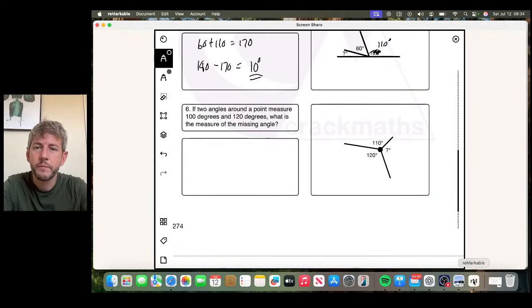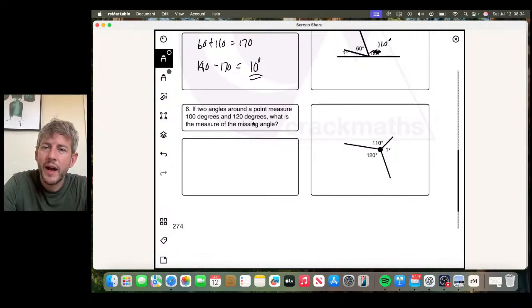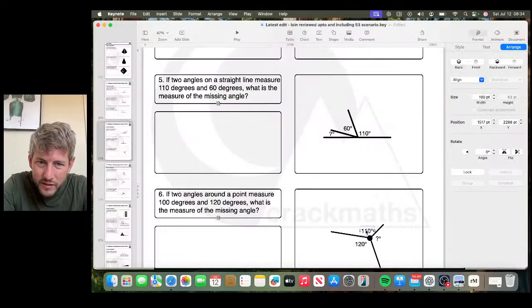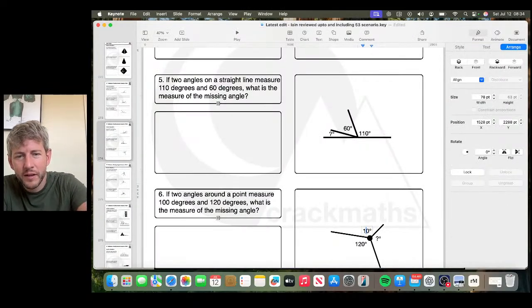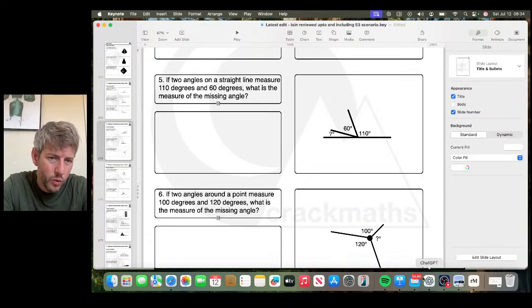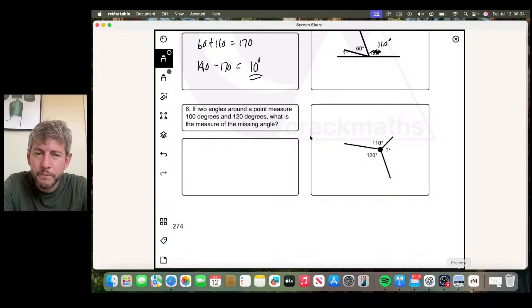Question 6. If two angles around a point measure 100 degrees and 120 degrees. Oh, right, so this says 110. Right, okay, well, fine. We're on the page. 100 degrees and 120 degrees. What would be the missing third angle?